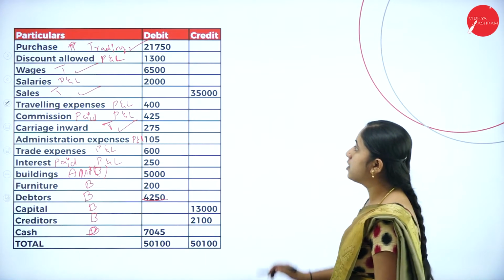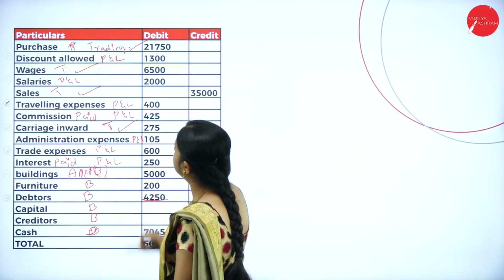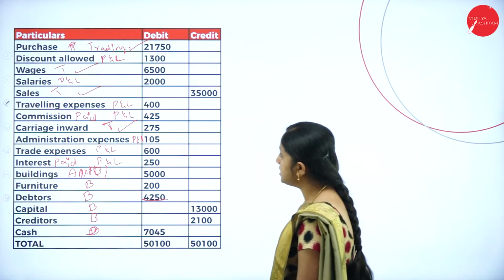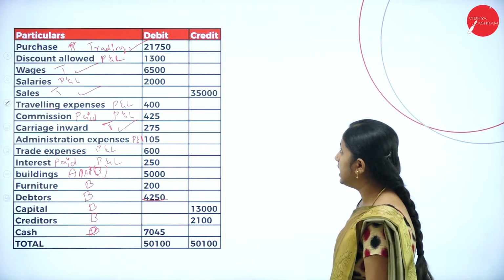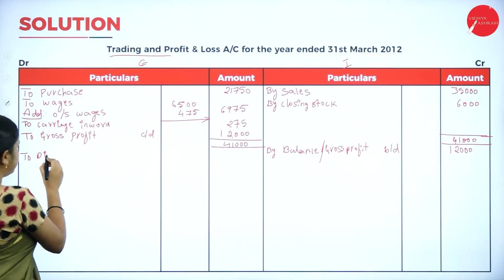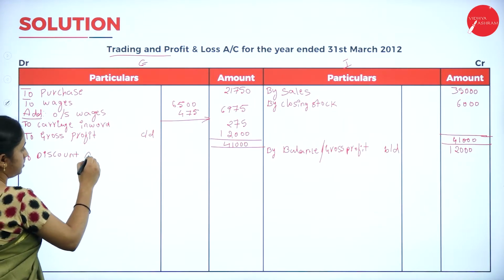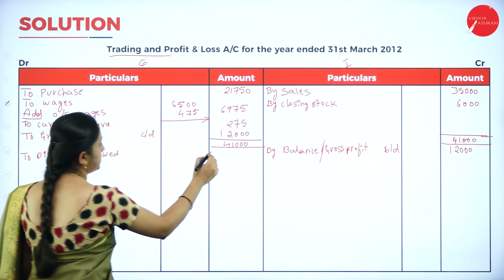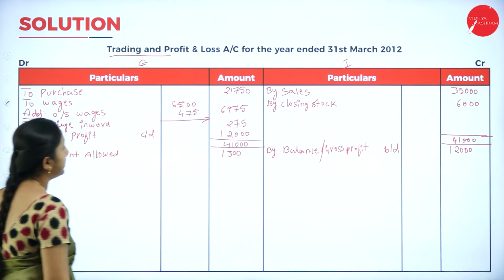Now consider all the profit and loss account items. Discount allowed is an expense. So write on the debit side, to discount allowed, rupees 1,300.